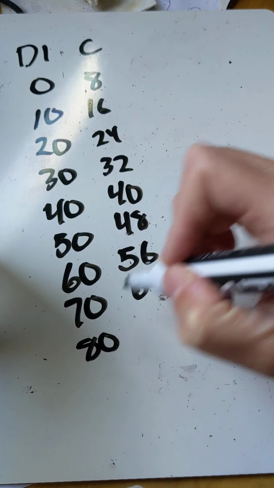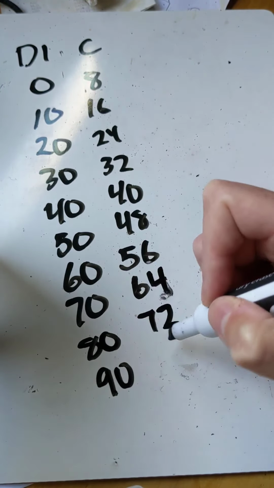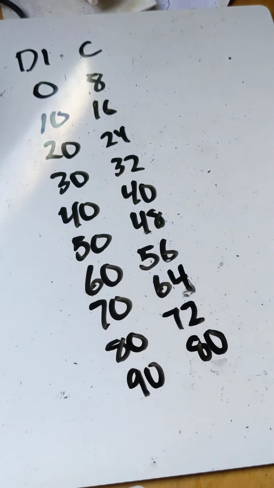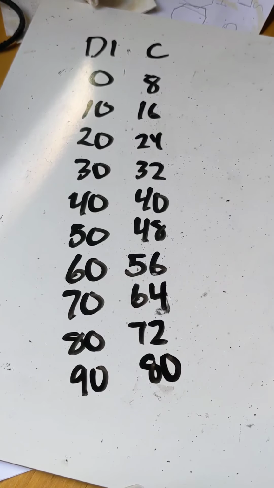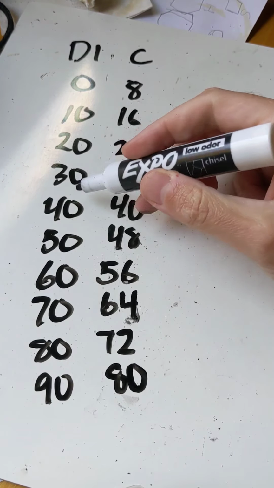And 80, and 72, and 90, and 80. All right. I know the line's not straight. I'm kind of trying to do this over my shoulder. So these are the possible combinations. And you could see that equilibrium is $40, right?